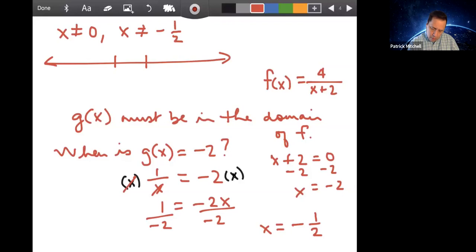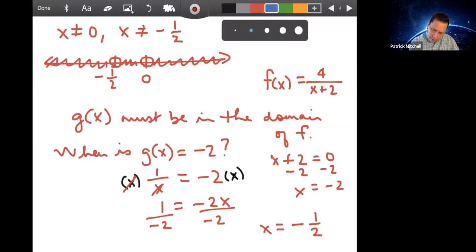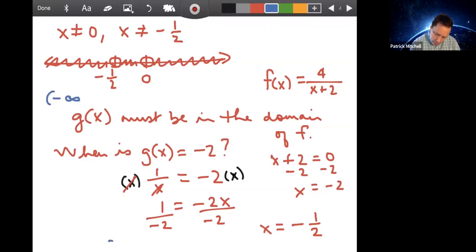That's another one of those times that you have to use the union symbol. I think I can squeeze the answer in right below this number line. So the first one of those intervals is negative infinity to negative 1/2.